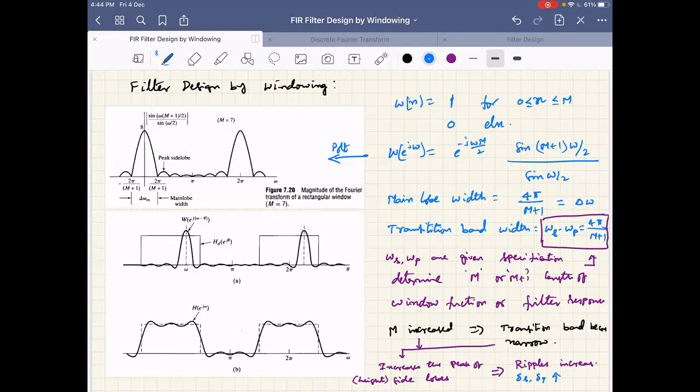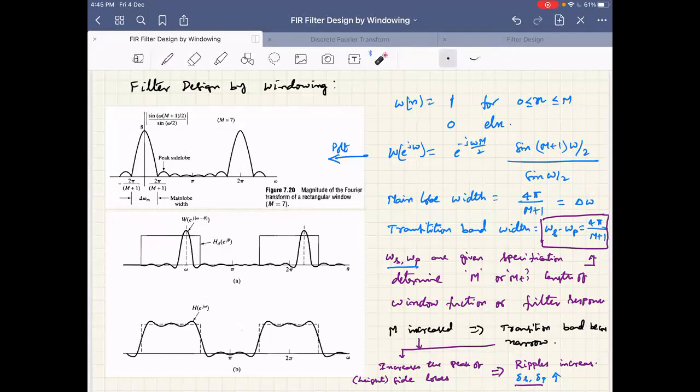So if we start with the specifications of WS and WP, and we want the gap between WS and WP to be small, then it ends up with higher values of delta S and delta P. So there is a compromise needed between decreasing the transition bandwidth and decreasing the ripples.